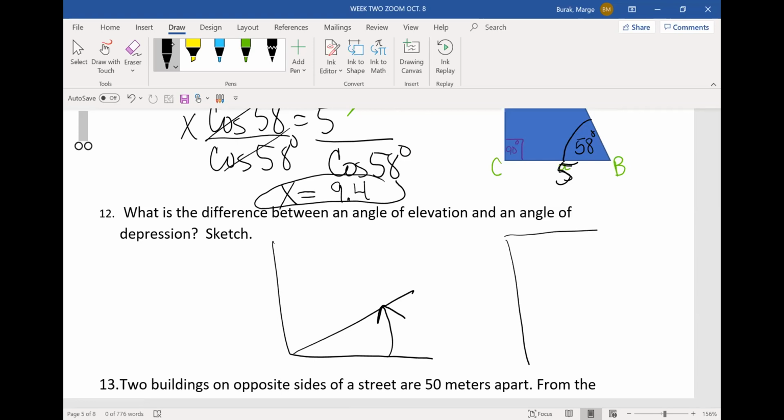And an angle of depression starts also on, I'm going to call it the horizontal, but it moves down. So it swings down. So this is my elevation. They might call it inclination. There's different ways to say it goes up. And this is my depression.